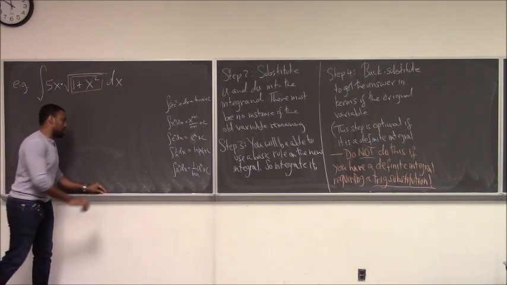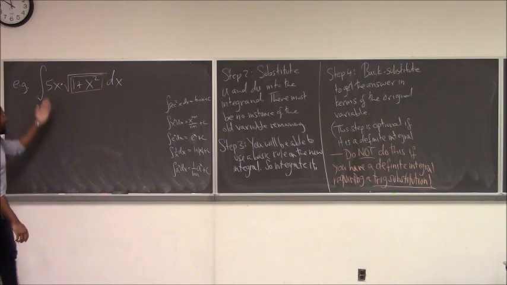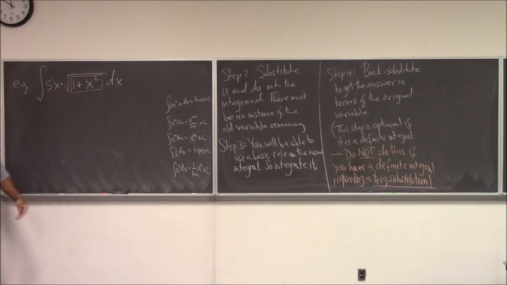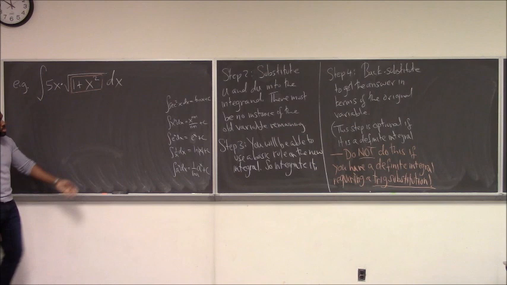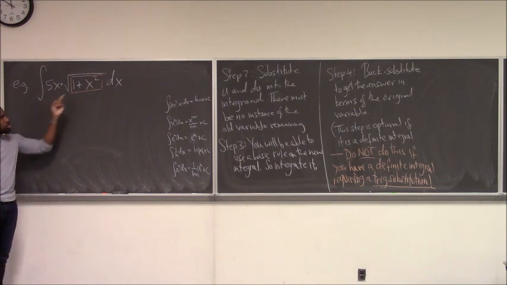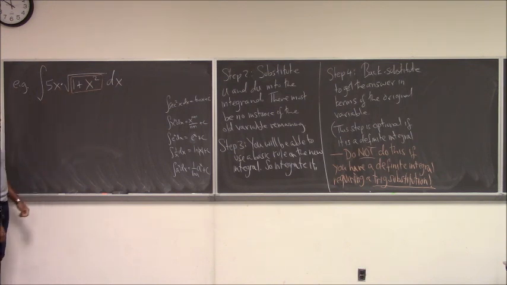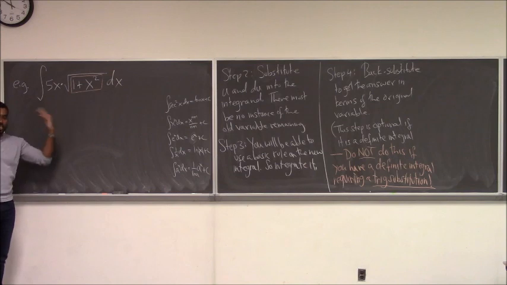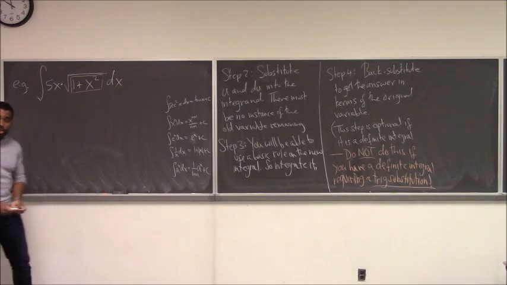So now you're like, okay, none of my basic rules work. I can't simplify this. I can't distribute or expand this or rewrite it as some terms to be able to use that. So this is a complicated integral. You're going to identify why it's complicated. Well, it's because of that expression. And so now you ask, what if that was a single variable? That would make things easier. That would be your guess as to what the u would be.